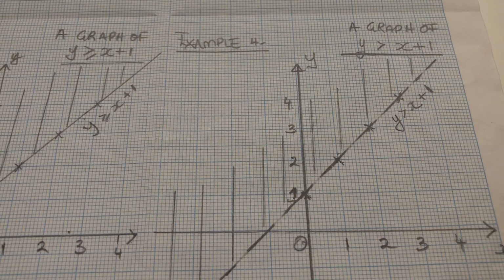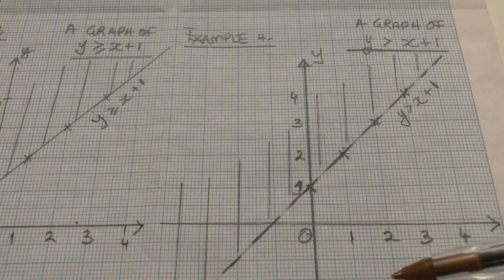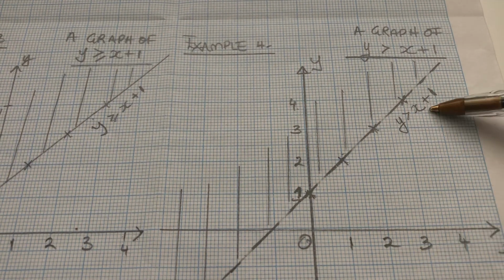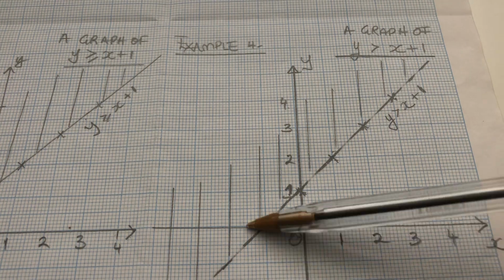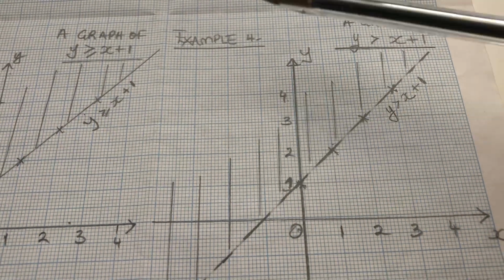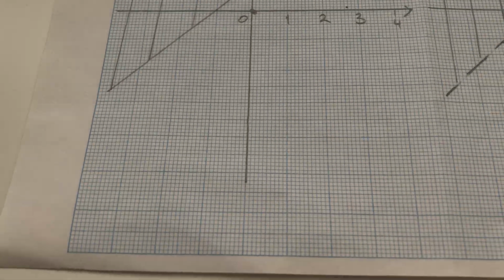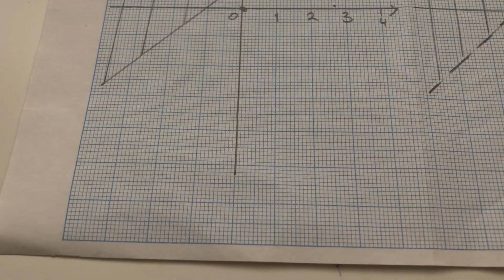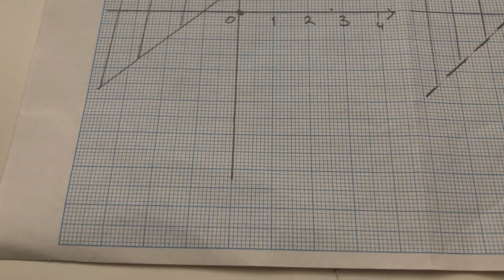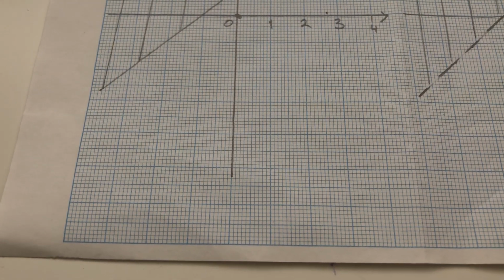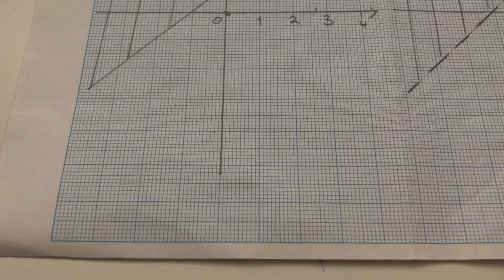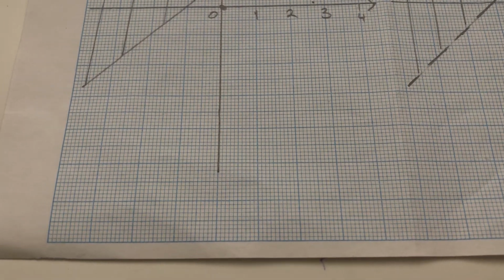So it won't be the region below the line, it will be the region above the line. This is what I wanted to show you, to easily show you how to find common regions on graphs.